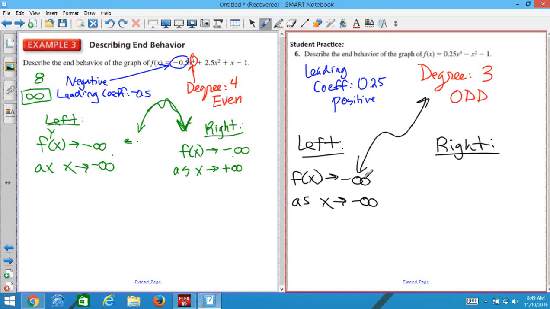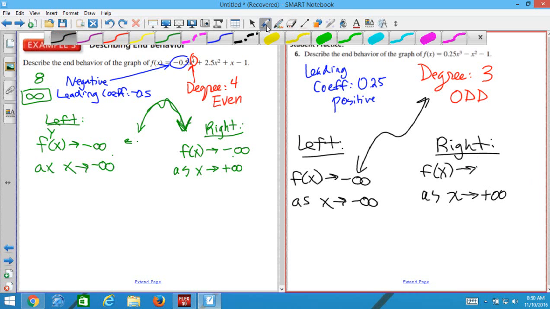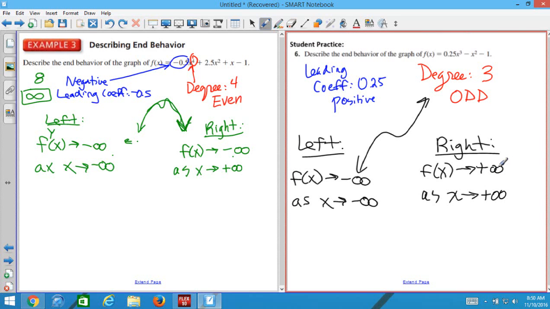And then on the right side, we start the same way. F of x approaches something as x approaches positive infinity. And what are the y values doing as we go to the right? So we write positive infinity because they're going up.